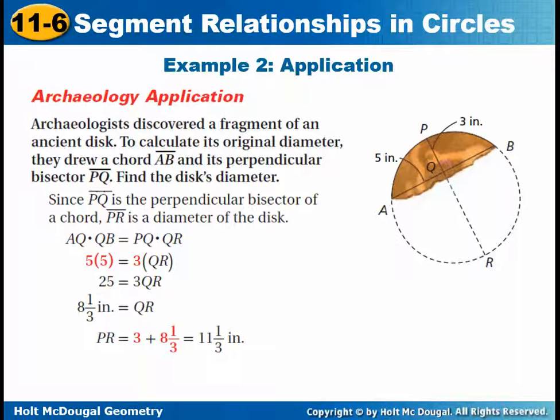All right, here's an application problem that is in your textbook, and this is what we were talking about, that fragment of an ancient disk. So let's see how they were able to find the diameter of this disk, even though all they had was this little piece. They were able to find that from here to here was 5, and that this was 3.